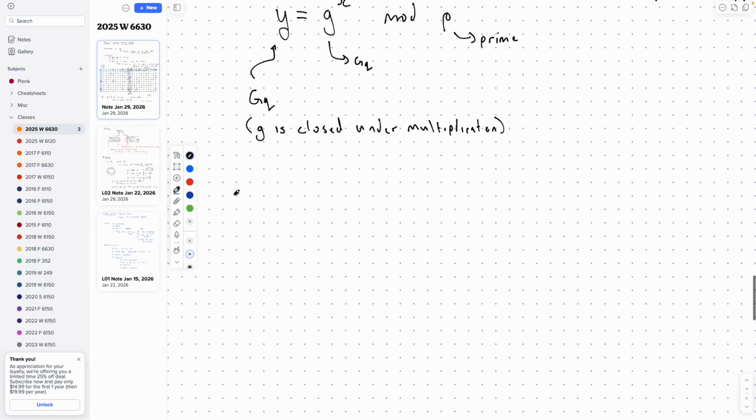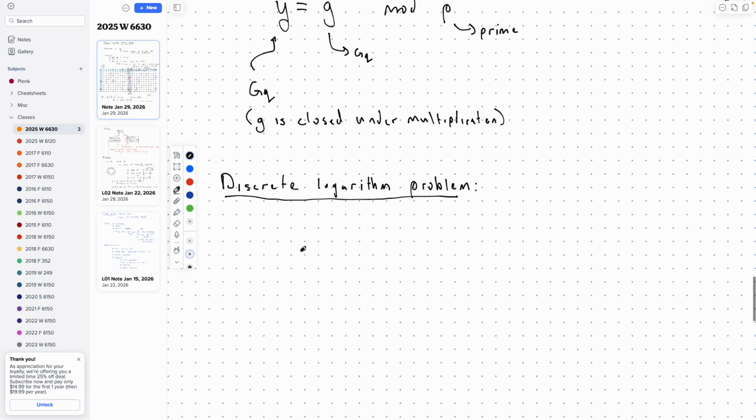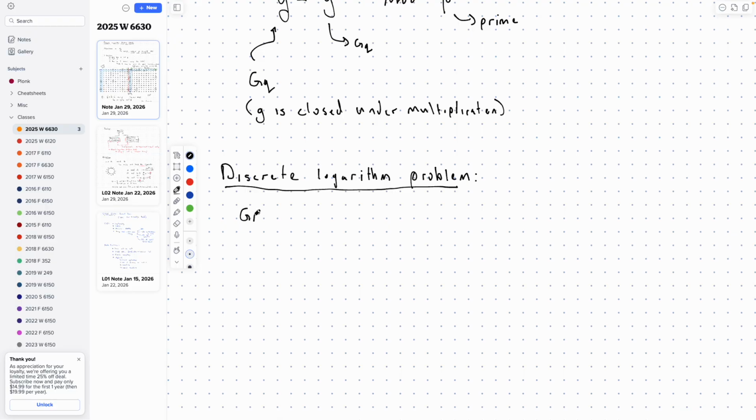Okay, so the discrete log problem, I'll write it down formally, and then we'll move on and apply it to something. When I say formally, it's actually not even that formal, but I'll write it down anyway.